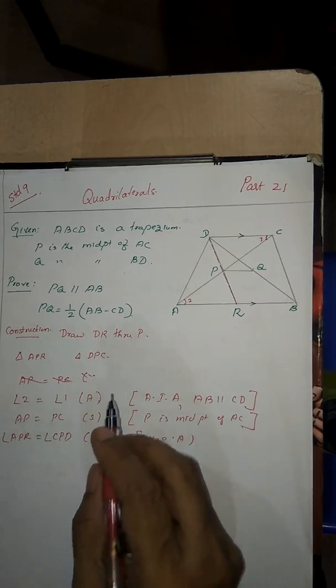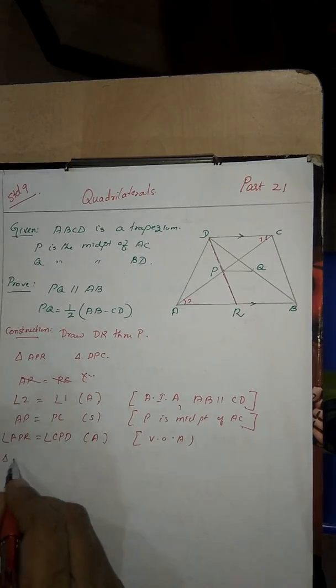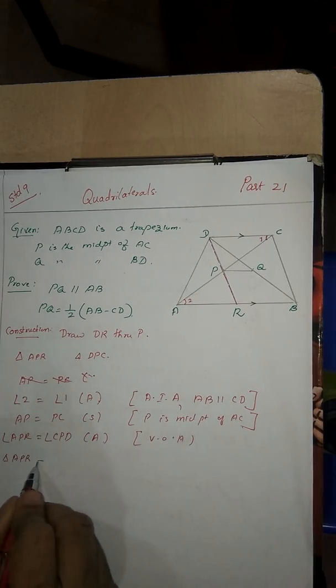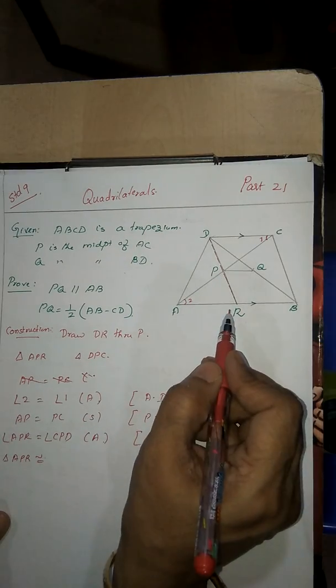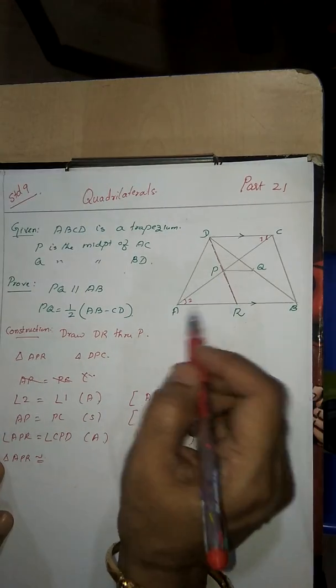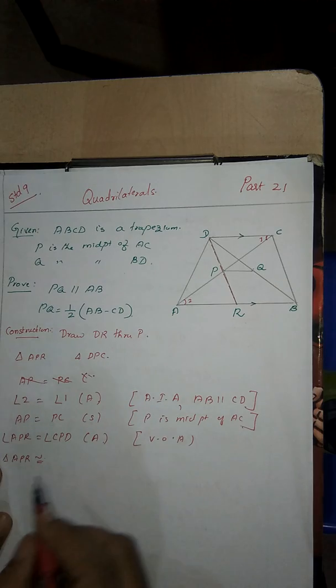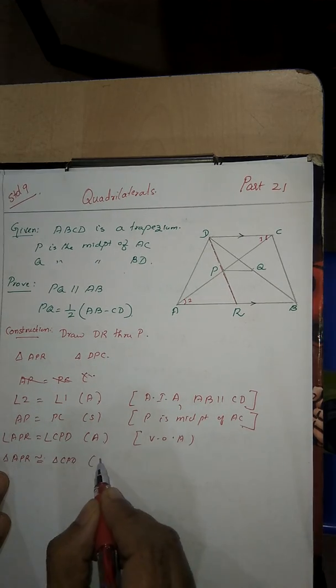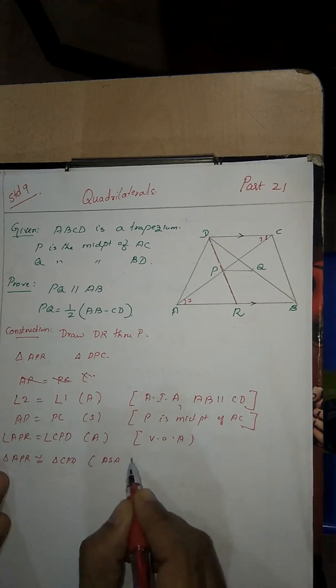Therefore, by ASA congruence, we can say triangle APR is congruent to triangle CPD.